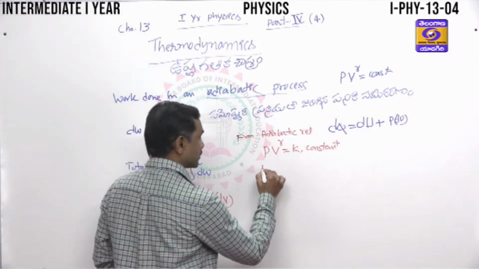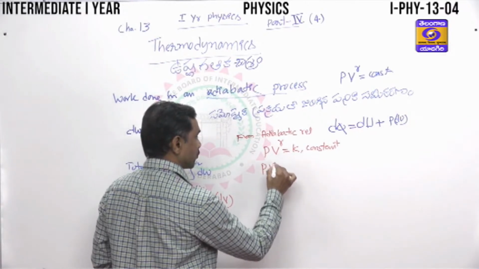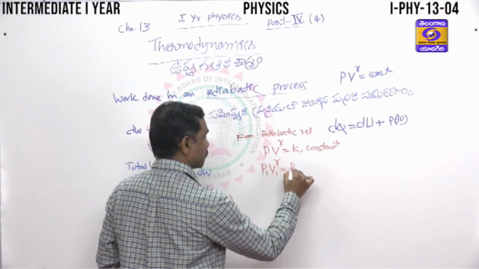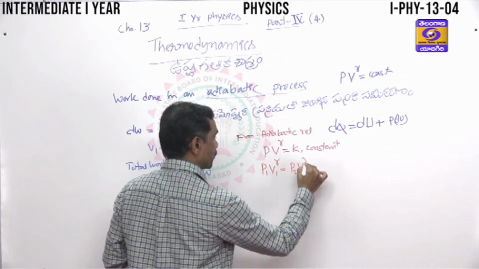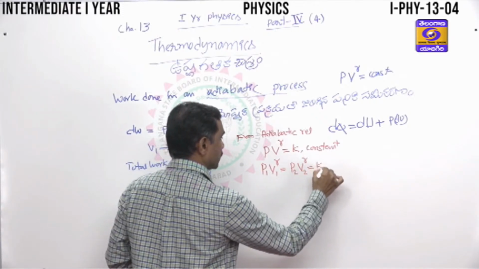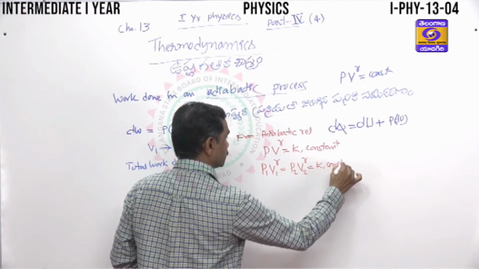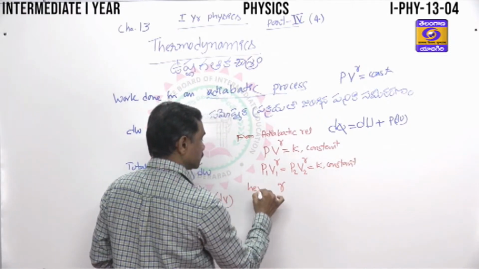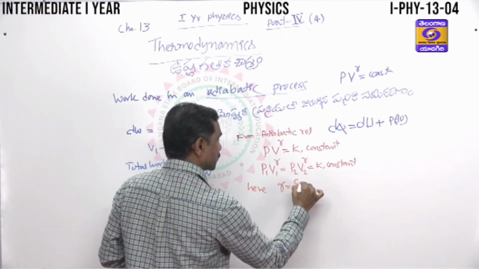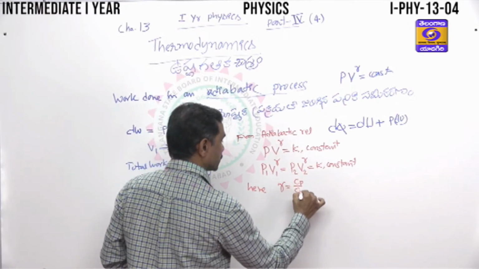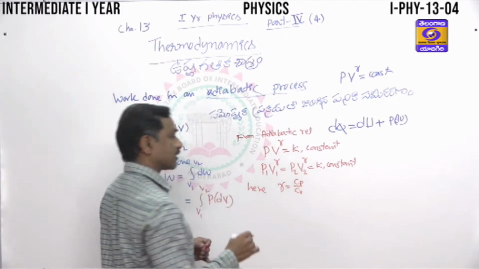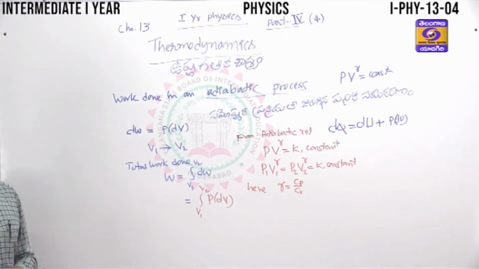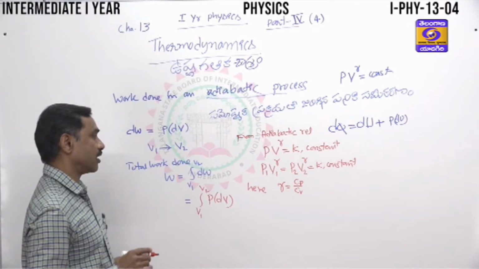This we can write like this: P1 V1 power of gamma is equal to P2 V2 power of gamma is equal to K, constant. Here gamma is the ratio of two molar specific heats, Cp by Cv, right? రెండు మోలార్ విశిష్టోష్ణుల నిష్పత్తి అన్నమాట గామా అనేది.